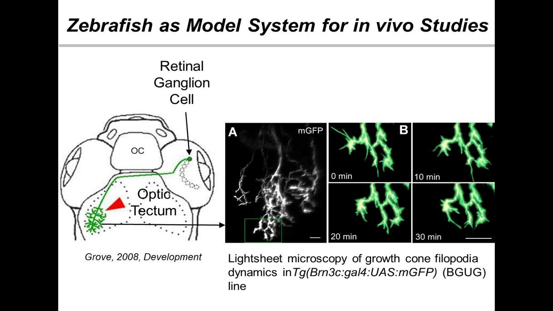The line description is given here on the right, and what you see here are the axonal terminals in panel A, and then in panel B, in more detail at high resolution at different time points, 10-minute intervals, the growth cones and filopodia dynamics of the retinal ganglion cell axons and growth cones in the optic tectum, indicated here on the left side in the schematic. That's where the retinal ganglion cells innervate the brain.